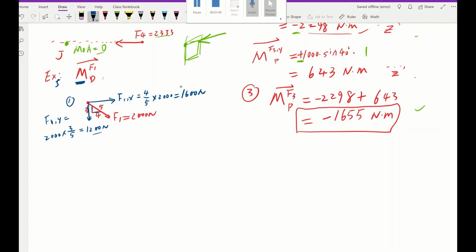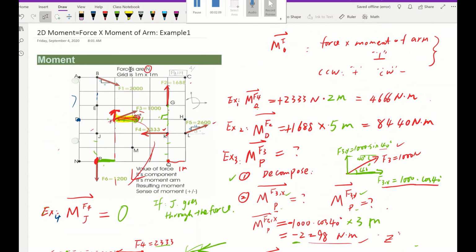That's our first step. The second step is we're going to solve this x component rotating about D. Also, we're going to think about the y direction rotating about D. X direction force magnitude is 1600. And let's look at where D is. D is right here, right?